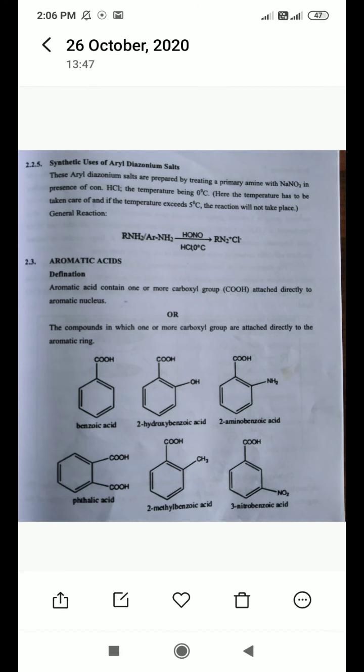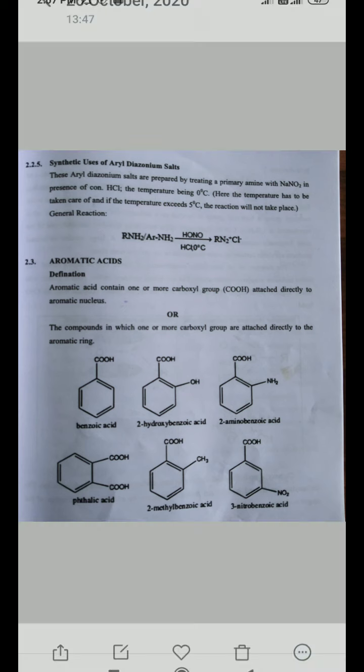Now, aromatic acids. What are aromatic acids? After knowing this terminology, aromatic acid, you will realize that an aromatic acid is nothing but an aromatic ring attached with an acidic functional group, like benzoic acid.